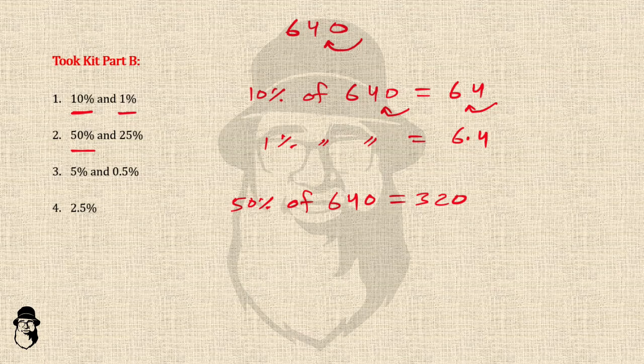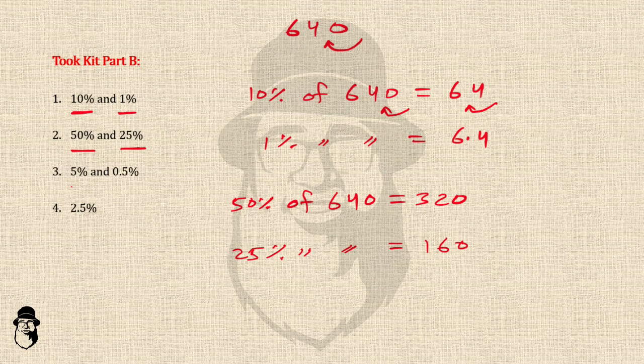And if we want 25%, we already have 50%, 320. Half of that is 25%, right? Half of 50% is 25%. We just take half of a number twice. Half of 640 is 320 and half of 320 is, half of 300 is 150 and half of 20 is 10. So 150 and 10 is 160. So half of 320 is 160. That's our 25% of 640.